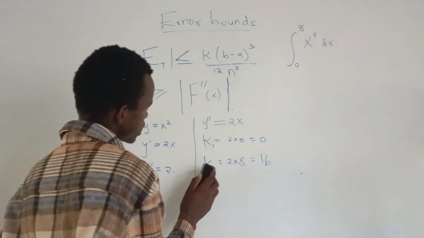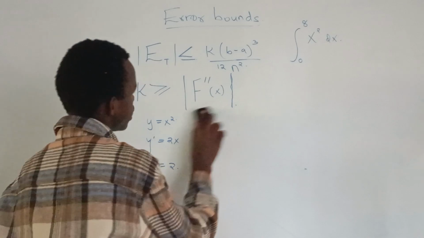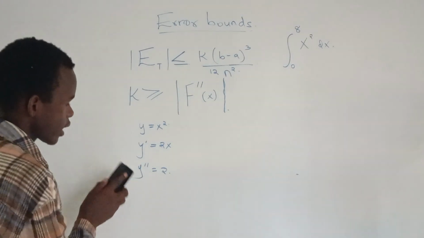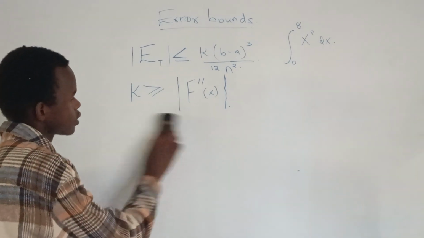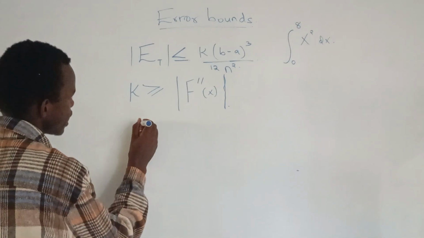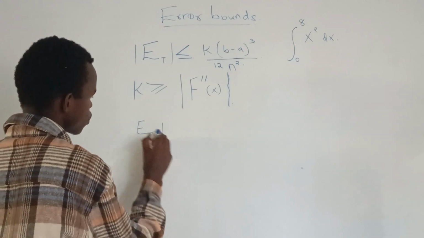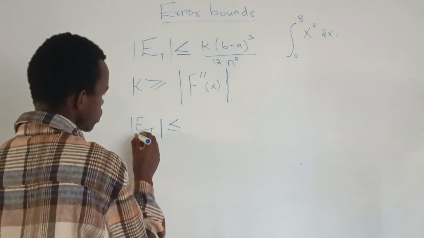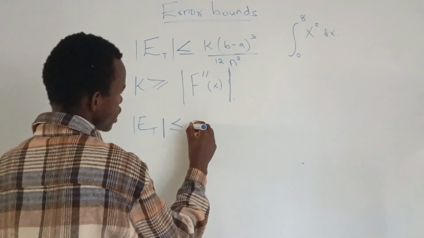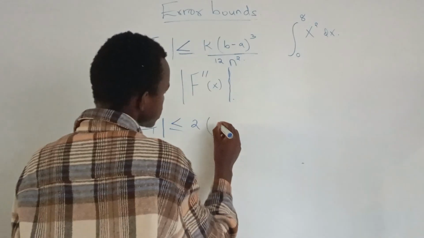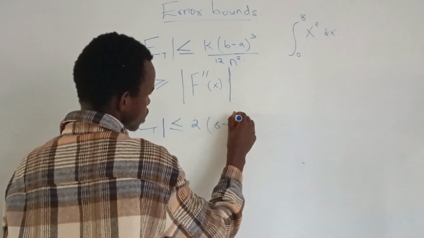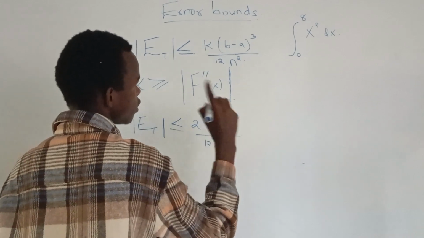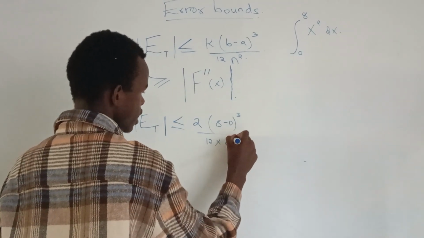Keep that in mind, our k is 2. From there I will say the error involved in the trapezoidal rule is less than or equal to our value of k, 2, times b, which is 8, minus 0 to the cube, divided by 12 multiplied by the value of n, which was 4, squared.